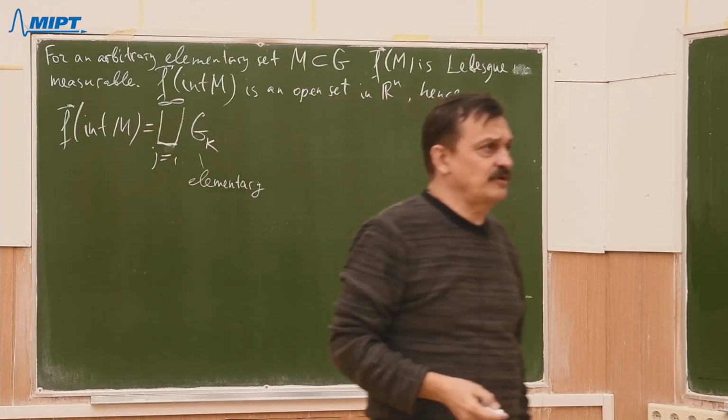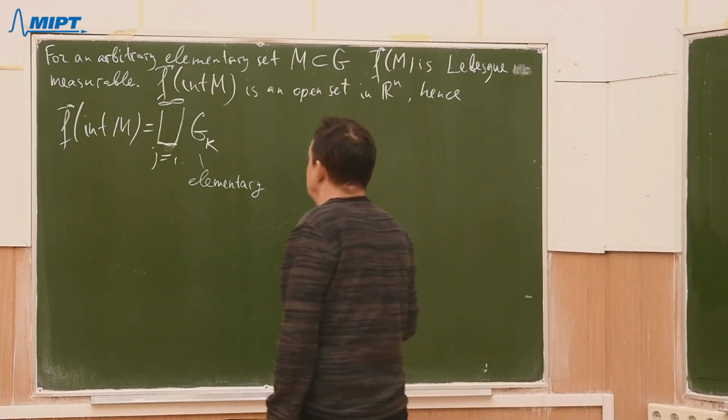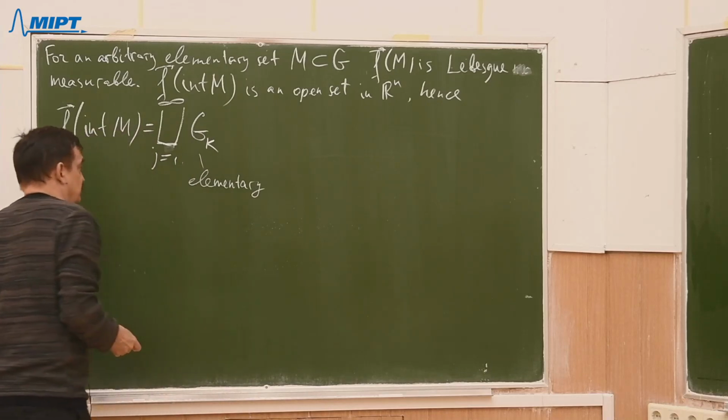So every open set can be represented as a union of countably many elementary sets.